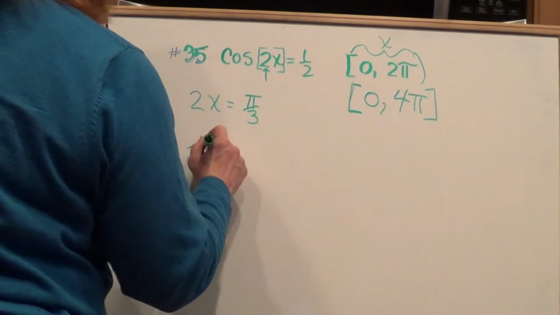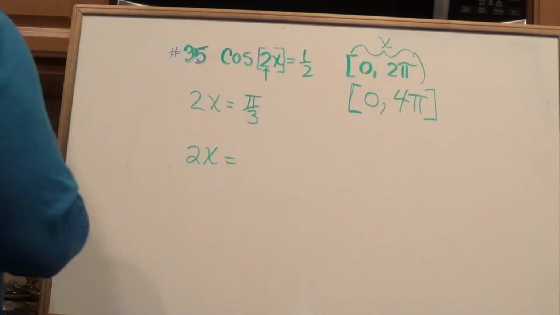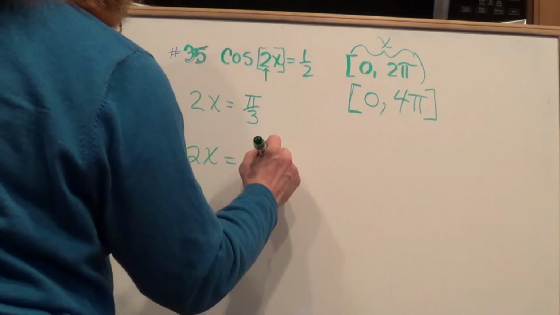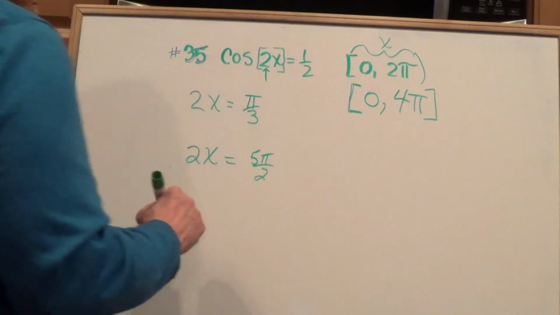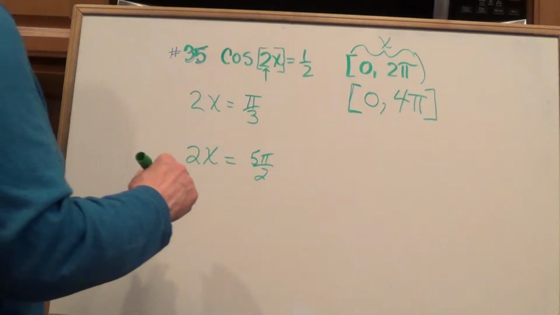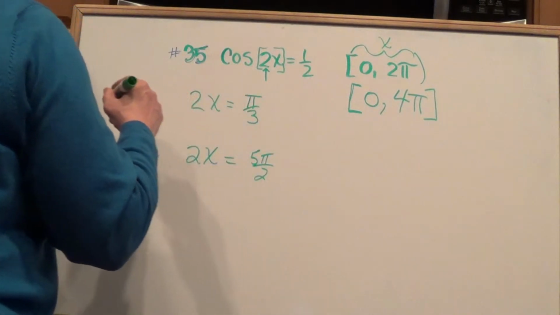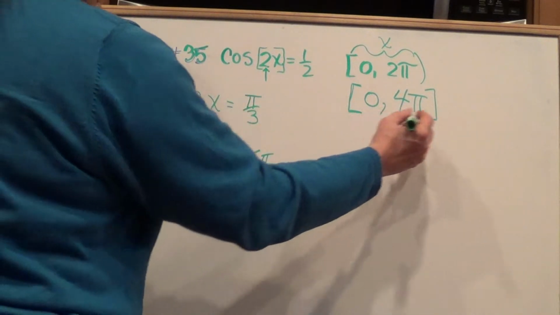And another place that it happens is 5 pi over 3. And that's one around the circle. So then we come back and we start spinning these to see if there's more answers in this range.